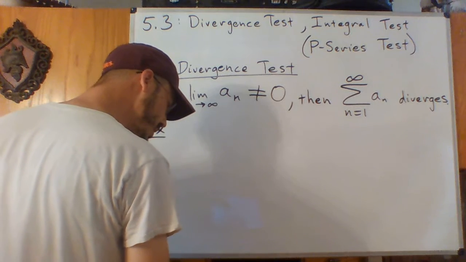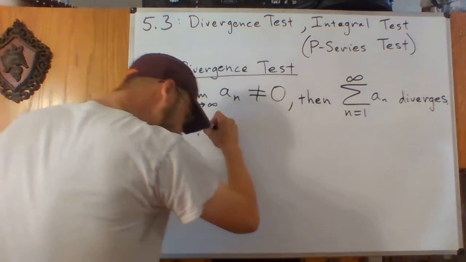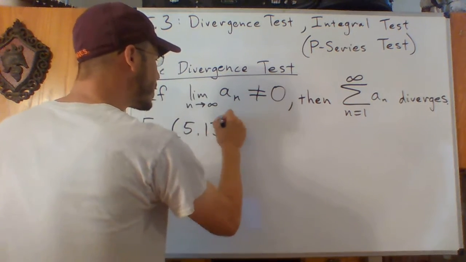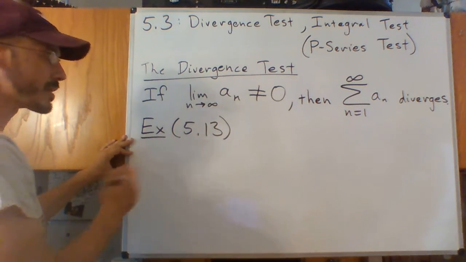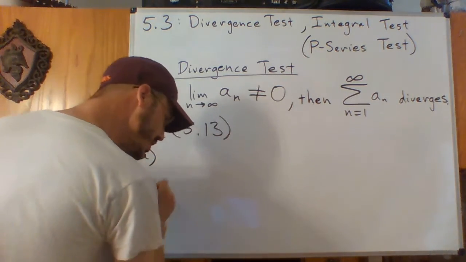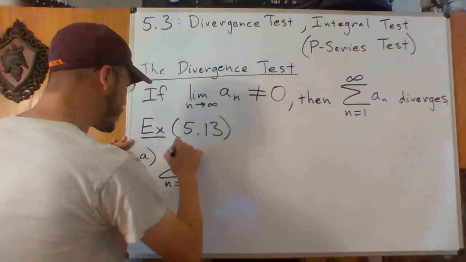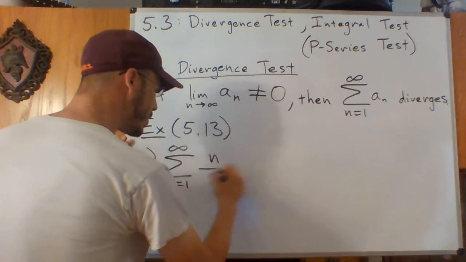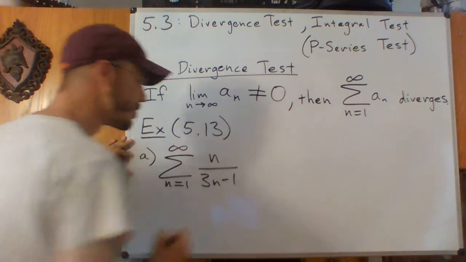The first one, this is example 5.13, if you want to look at the detailed solution in the text. We're going to apply the divergence test first to the series sum from n equals 1 to infinity of n over 3n minus 1.